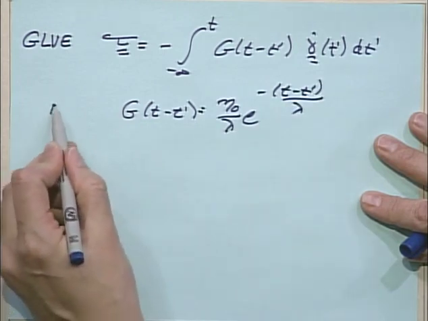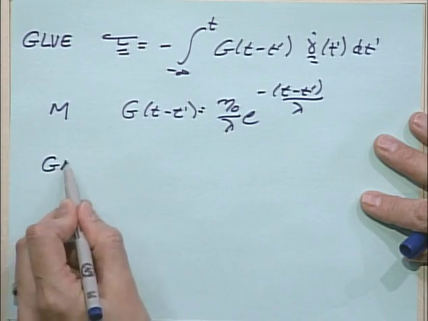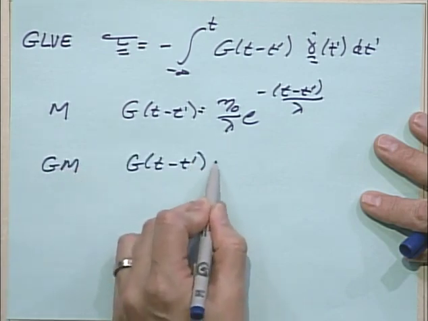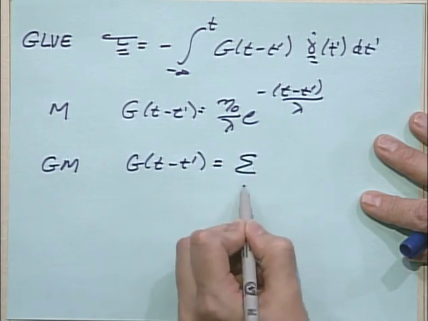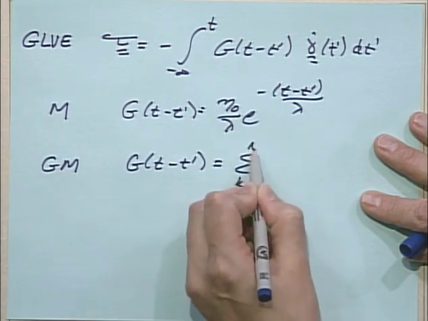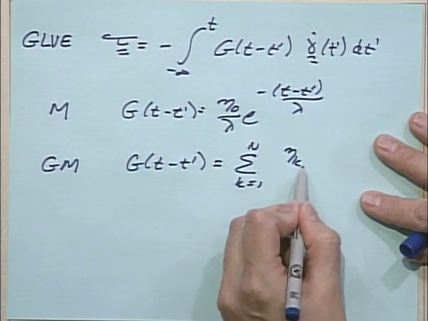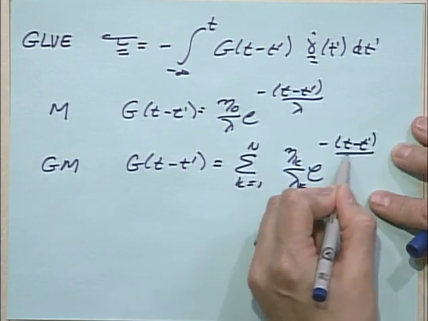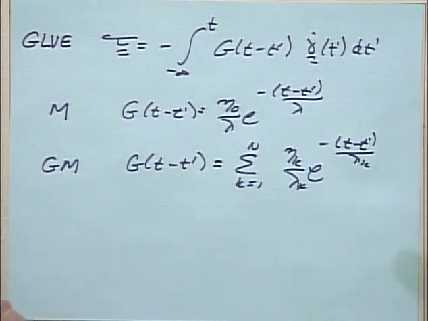Or, this is now the generalized Maxwell, where you make g of t minus t prime equal to the summation k equals 1 to n of eta k over lambda k, e to the minus t prime over lambda k. Or you could put any other function you like, as long as it gives you what you like to get as a prediction for the step strain experiment.